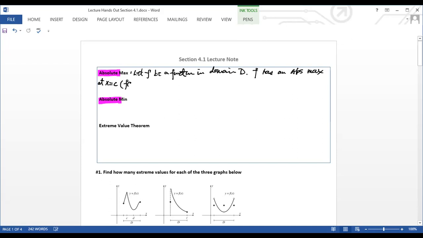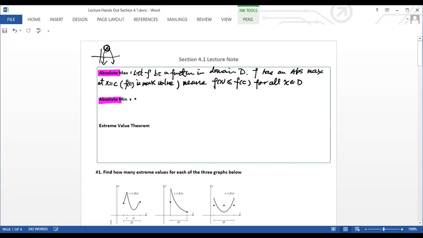That means f of c is the maximum value, right? So what that means is f of x, because it's the maximum value, is less than or equal to f of c for all the x in the domain. So in the same way, if you have some domain here, and this will be your absolute max, right? Because of all this function, this is the largest one.